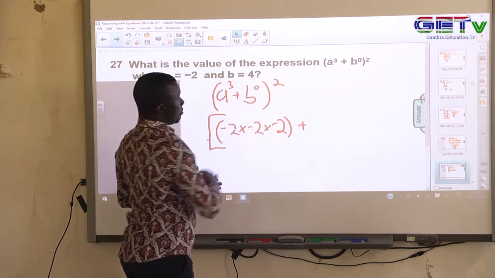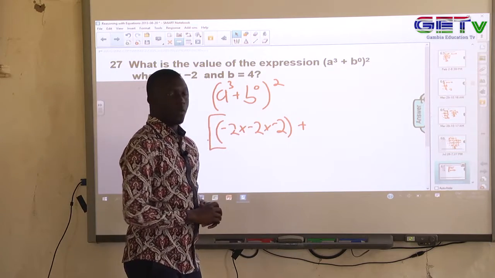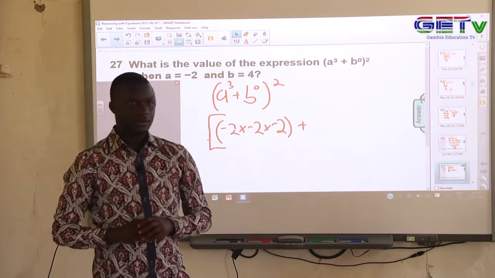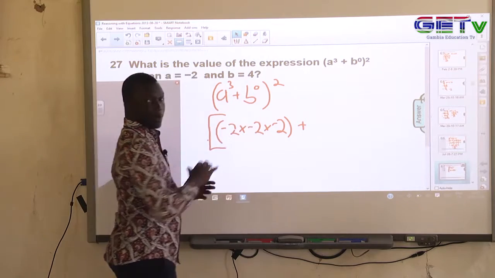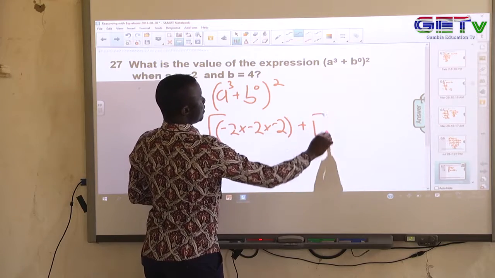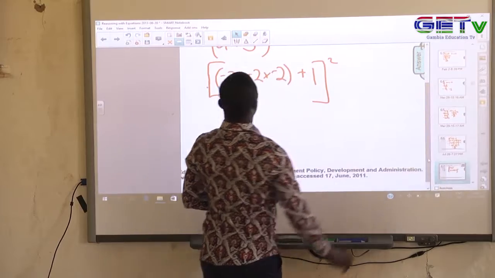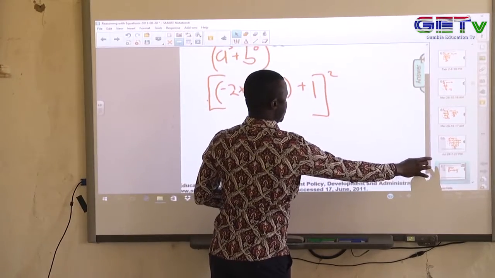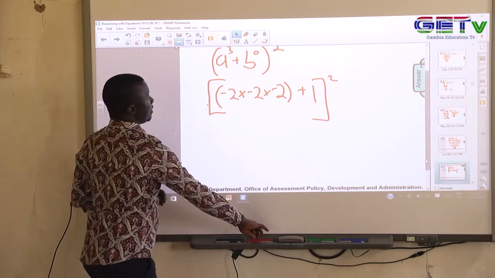Any variable raised to the power 0 is 1, and any number raised to the power 0 is also 1 with the exception of 0. Other than 0, any number raised to the power 0 would definitely be equal to 1. So we have 1, all squared. Let us further simplify this.